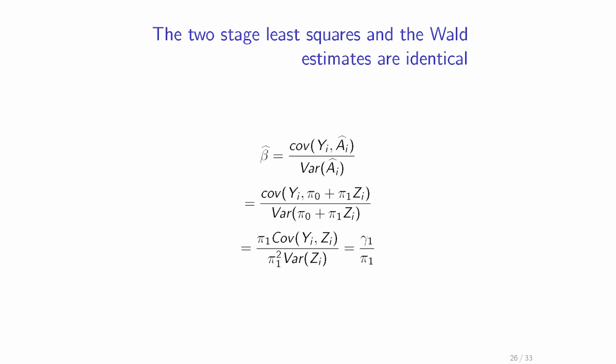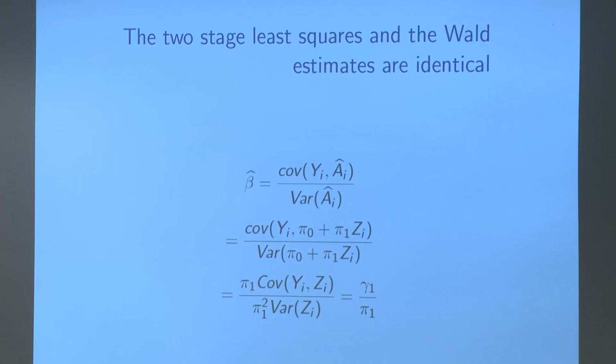Then by the properties of variance and covariance, I can take some terms out. The covariance of yi and pi 0 is, of course, 0 because pi 0 is a constant. The covariance of yi and pi 1 zi is pi 1 times the covariance of yi and zi.